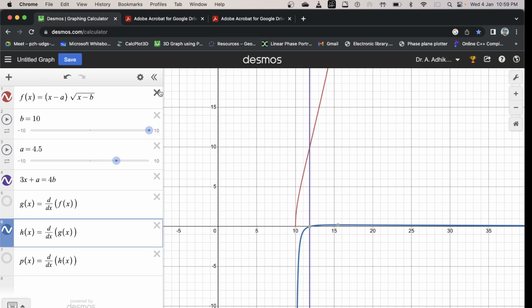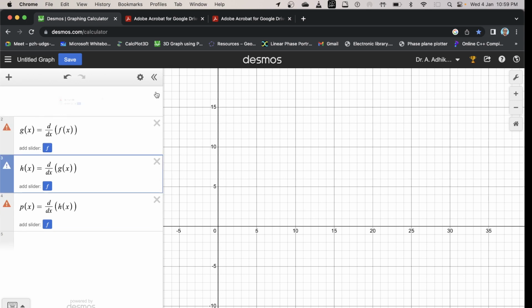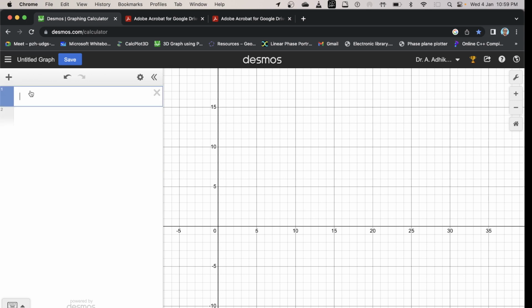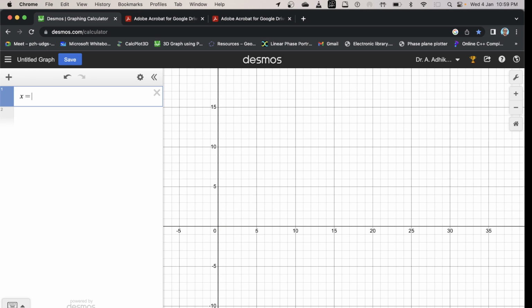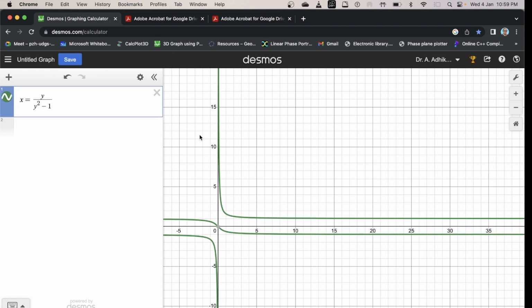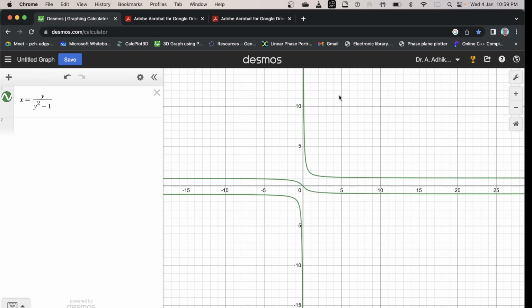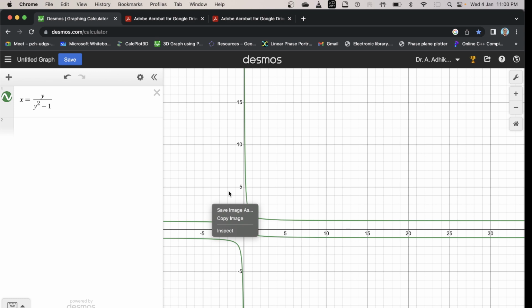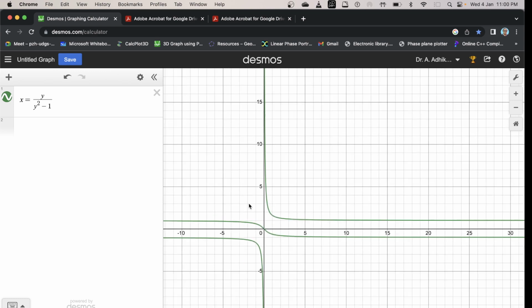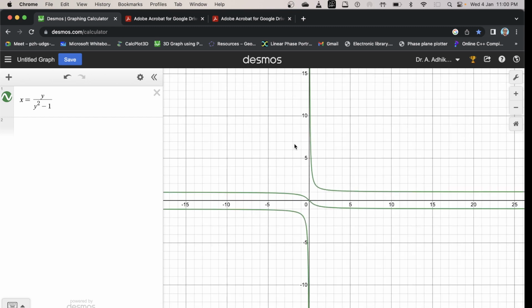If we draw this curve, x = y/(y²−1), clearly we see that the curve is like this.